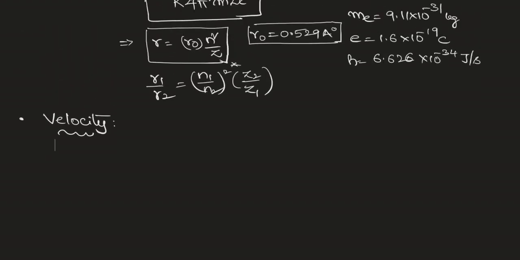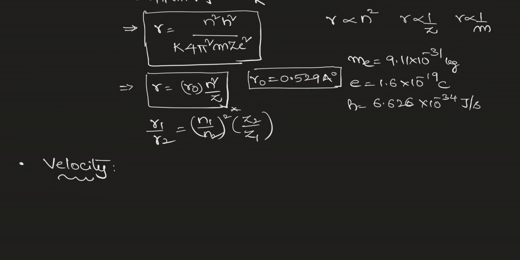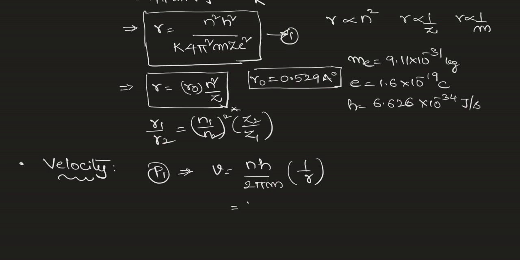As we have our radius equation like this, from our postulate 1, velocity is nh by 2 pi m into 1 by r. We'll substitute this r value from our first equation. That will be nh by 2 pi m into 1 by r, which means k into 4 pi square m z e square by n square h square.